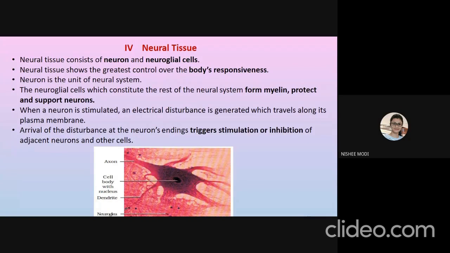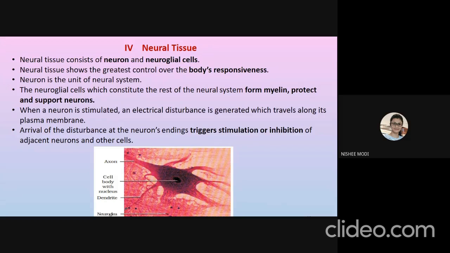Now fourth is neural tissue. Neural tissue consists of neurons and neuroglial cells. Neural tissue shows the greatest control over the body's responsiveness. As we know, the neuron is the unit of the neural system, and the neuroglial cell is a non-neural cell which forms myelin and protects and supports neurons.